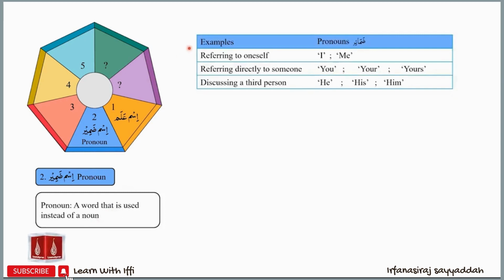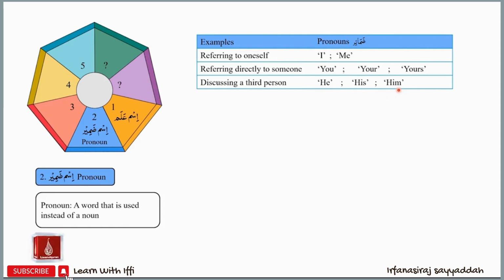Examples of pronouns: if I am referring to myself, I will use the pronouns I or me. If I am referring directly to someone, I will use the pronouns you, your, or yours. And if I am discussing a third person, I will use the pronouns he, his, or him.